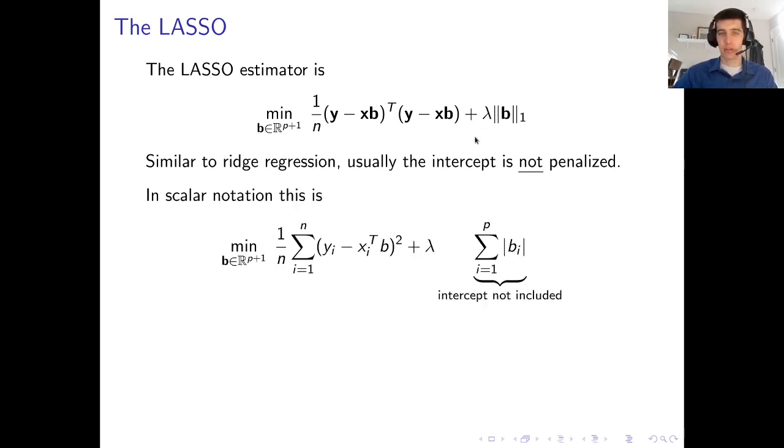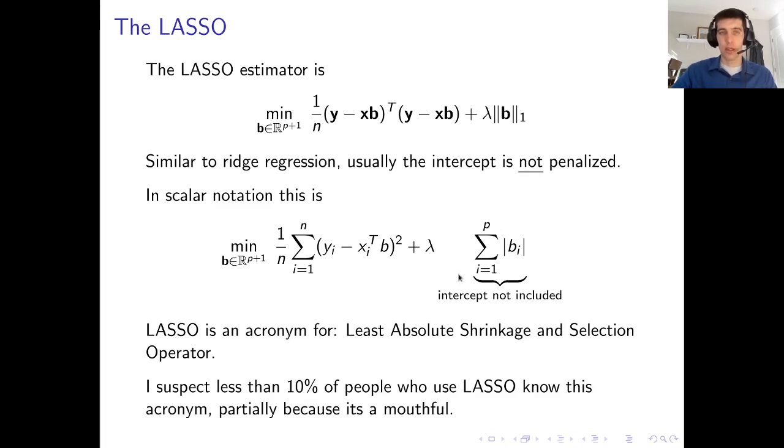We can write this in scalar notation if we want. This is minimized over vectors b: the mean squared error plus lambda times the 1 norm penalty, the sum of the absolute values. Here I've gone from i equals 1 to p to emphasize that in this expression I have not penalized the intercept.